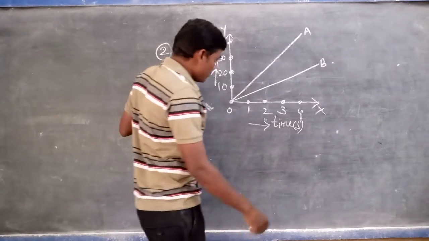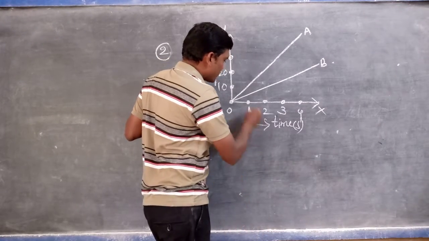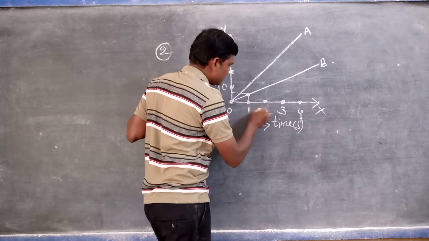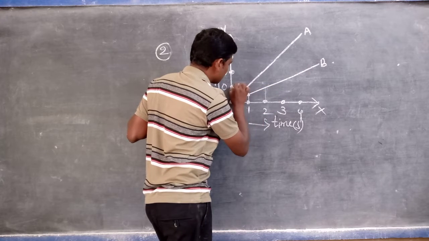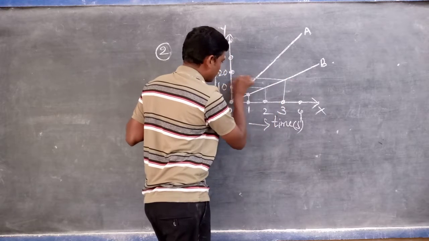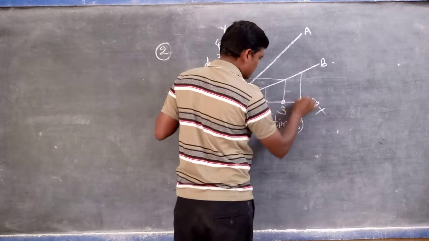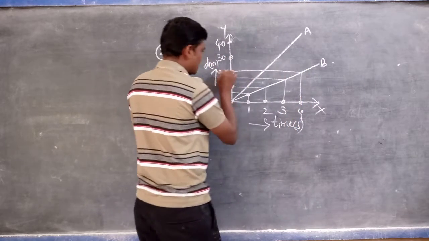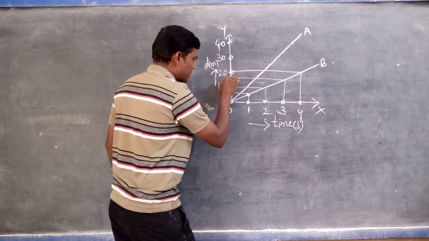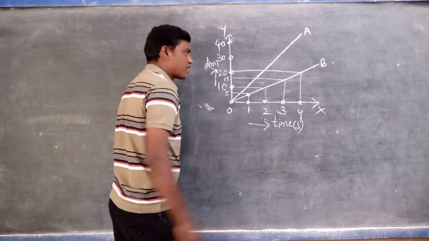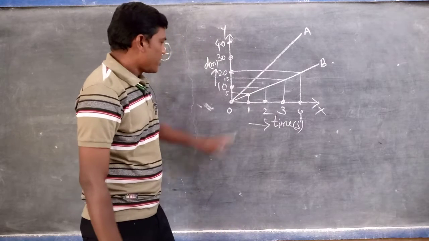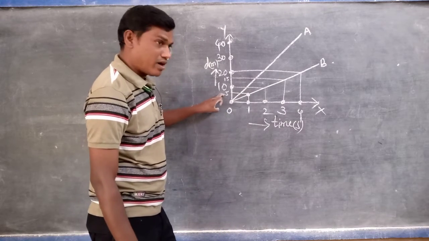Now we are observing that for the B car, like this, 5, we can set 10, 15, just for understanding 20, like this. What is the meaning of that? In 1 second the car covers 5 meters.